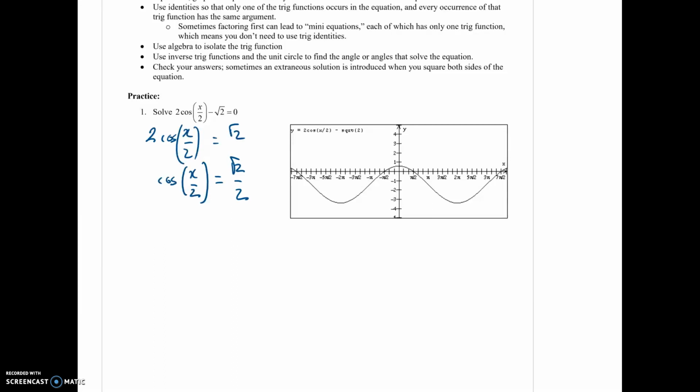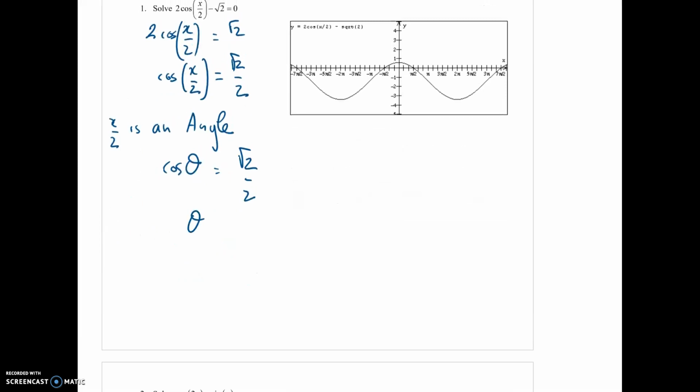So what the angle is giving you is the value of the cosine of this angle equal to square root of 2 divided by 2. I would like to remind you x over 2 is an angle. So if you had cosine theta equals square root of 2 divided by 2, very easily you would say that theta equals pi over 4.